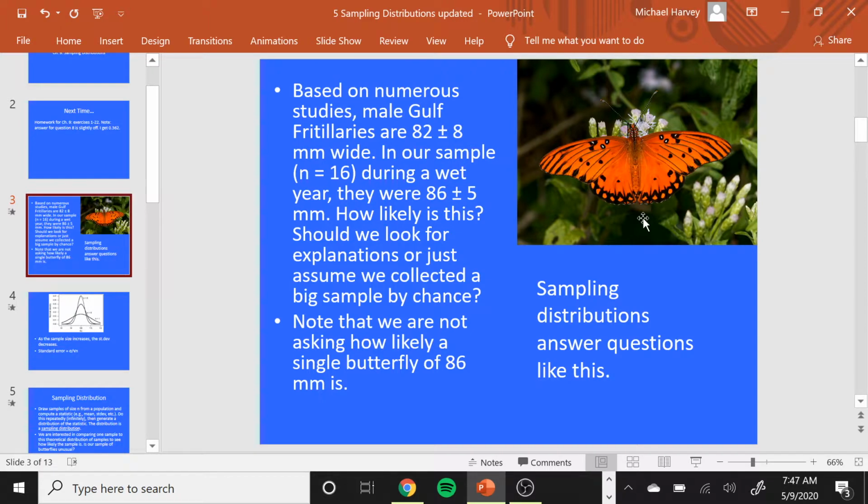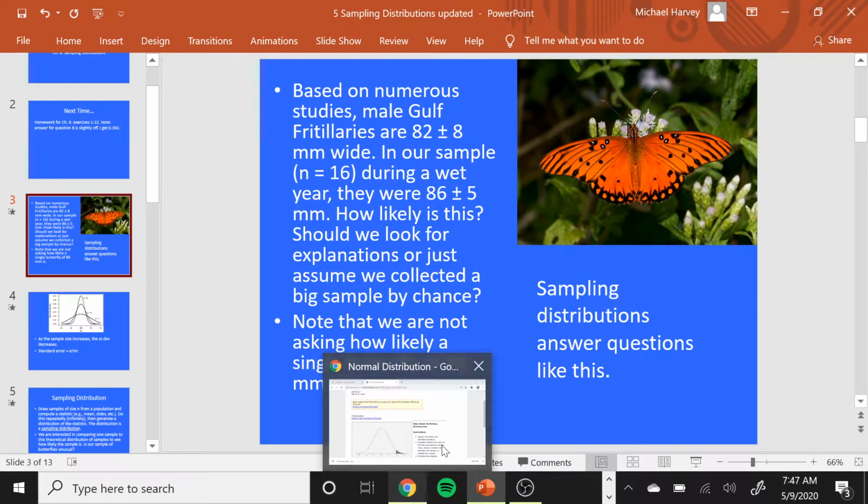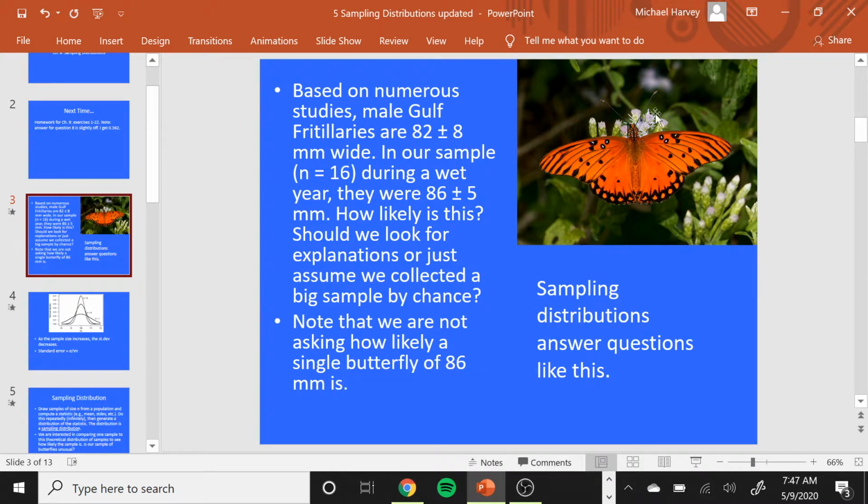Okay, just to drive this point home, let me model the situation that I was just talking about. Let's say that based on years and years of data, we know that Gulf fritillaries have a wingspan of 82 millimeters with a standard deviation of 8. Now, let's say you go out and collect one butterfly that has a wingspan of 86.